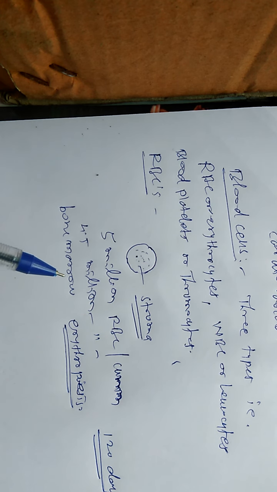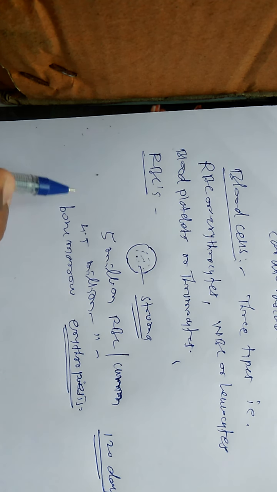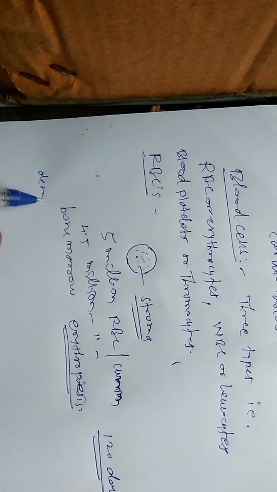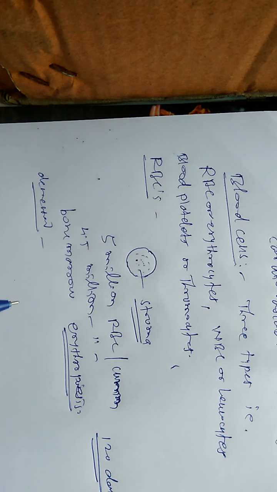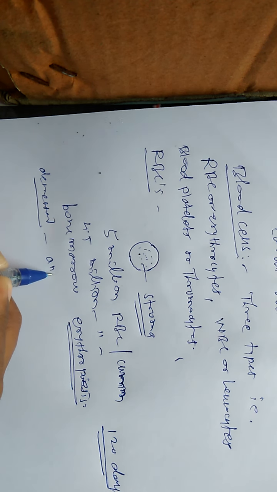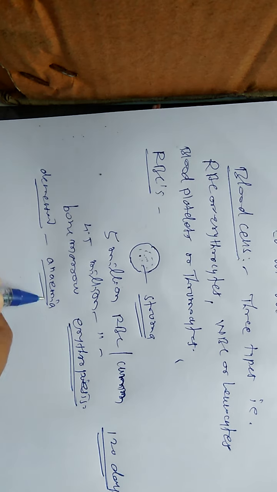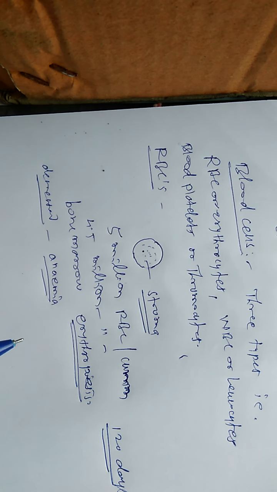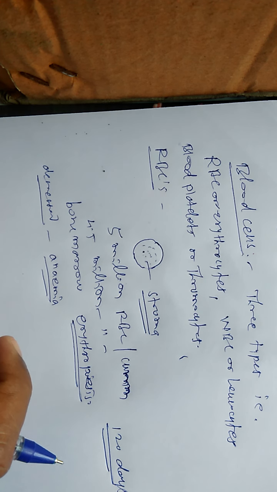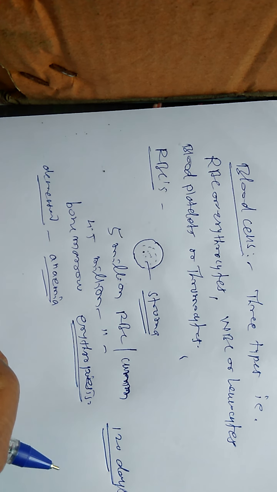If the number of RBCs decreases, carefully see that, then the person is suffering from the disease called anemia. It means the RBC number is less and its hemoglobin is also less.